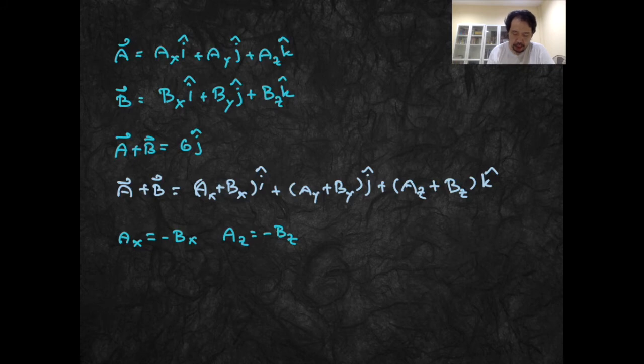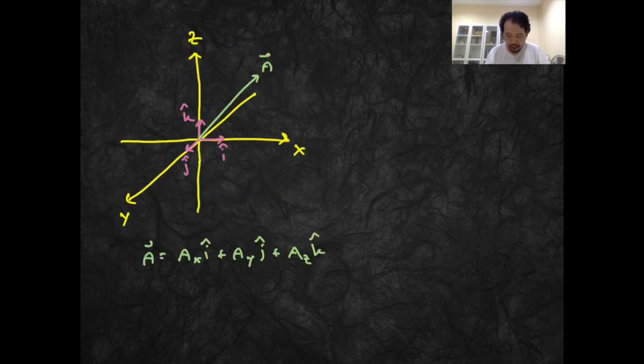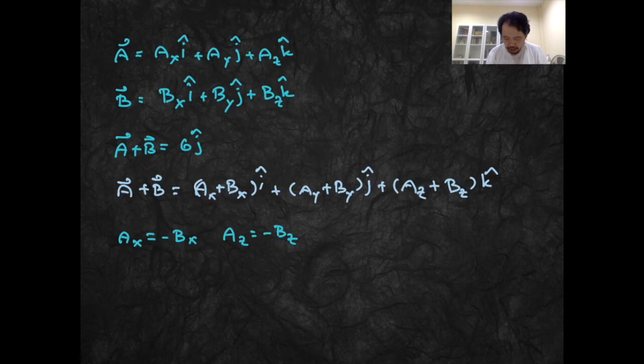Okay, if we write the reference axis a little bit different from this one, this is the x-axis, this is the c-axis, and the y-axis points out of the plane here.